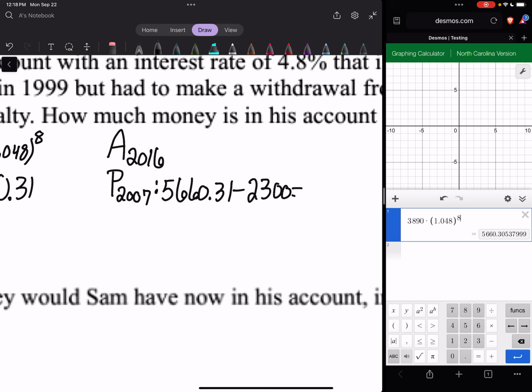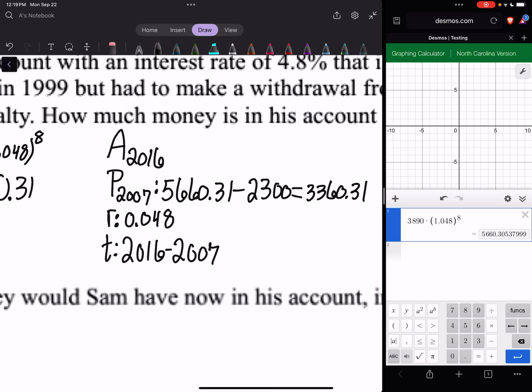This is $3,360.31. My rate is staying the same, 0.048. My time is the distance between 2016 and 2007, which is 9 years.